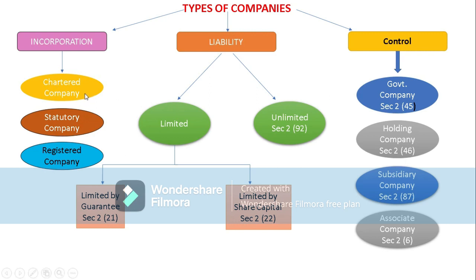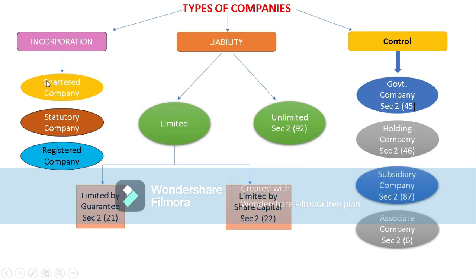Because they were created and regulated by the king or queen. For example, the East India Company was incorporated in 1600 AD. So these types of companies are known as royal or chartered companies, which are not in existence now.